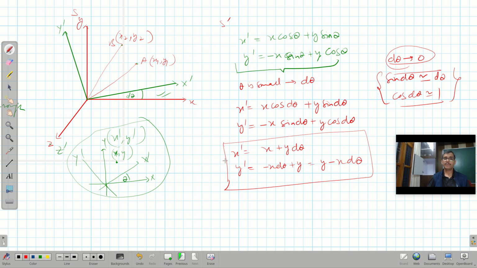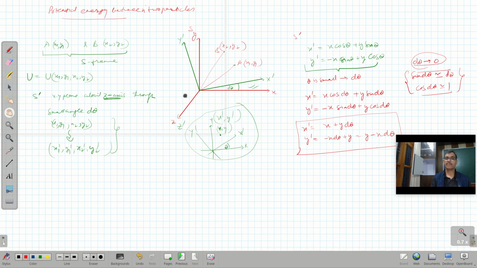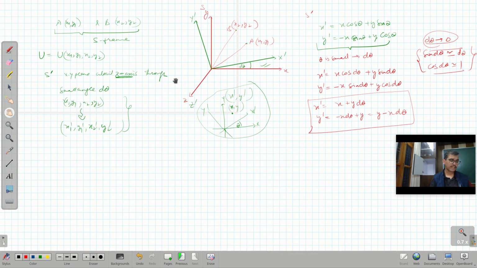But we do not have one point, we have two points here, (x1, y1) and (x2, y2), and how are these points related to one another? Using this result, I can write x1 prime is equal to x1 plus y1 d theta, and y1 prime can be represented by minus x1 d theta plus y1, or sometimes it is represented like this in some texts.